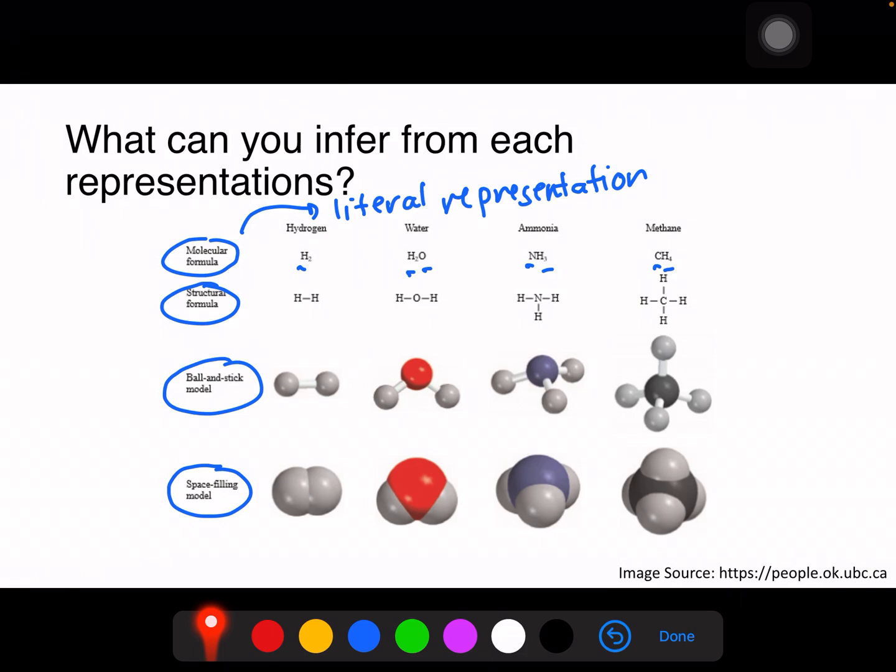So as you can see in the structural formula, we represent the bond of hydrogen, oxygen, hydrogen in a straight line. So they lack representing the atom in a spatial orientation. So we have here the bent that is represented by the ball and stick model. Another one we have for the ammonia, as you could see, in structural formula, the bonding is in a planar form, just like a flat triangle, right?